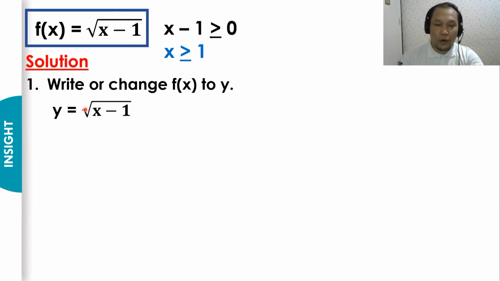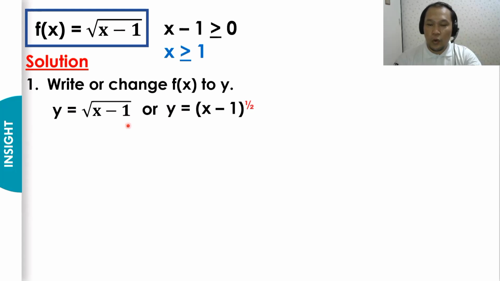And since our function is the square root of x minus 1, we can rewrite this expression as y is equal to the quantity x minus 1 raised to 1/2.